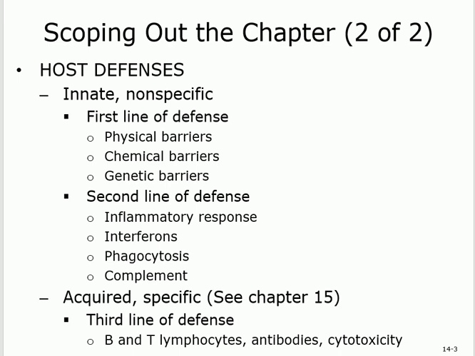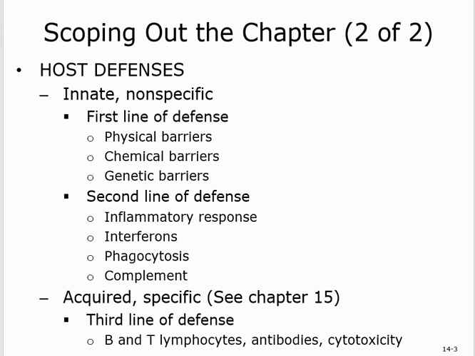So remember this. Host defenses again. We have innate that's non-specific, and we have acquired that is specific. Non-specific is first and second line. Specific is third line. Is that okay so far? First line is the physical barriers, chemical barriers, genetic barriers. Three barriers that are going to try to prevent any intruder from getting into our body.